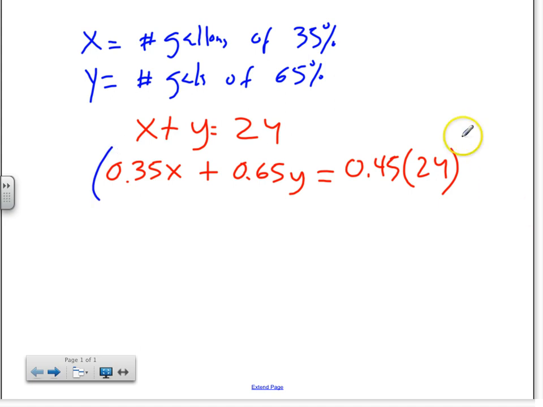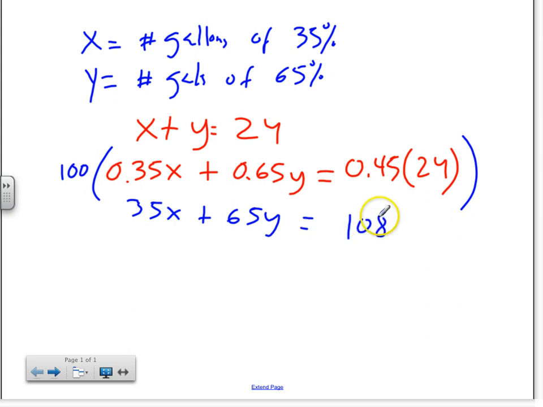If we clear the decimal, we have to multiply the whole thing by what? By 100. So that's going to give you 35x plus 65y, and this comes out to be what again? 1,080, right? 1,080.